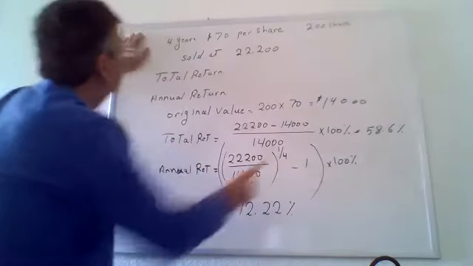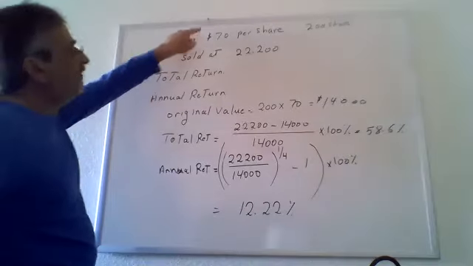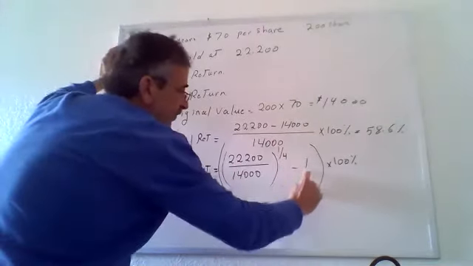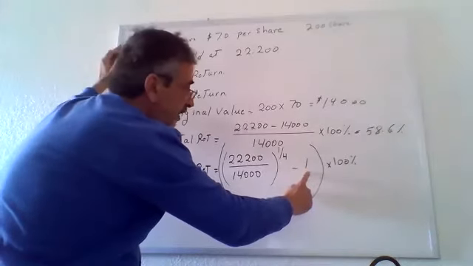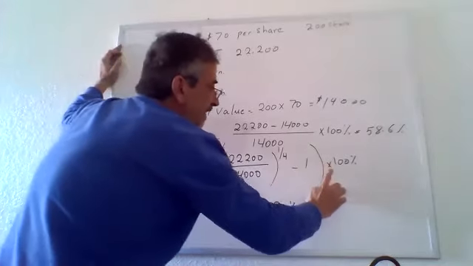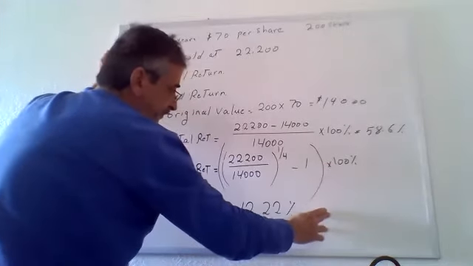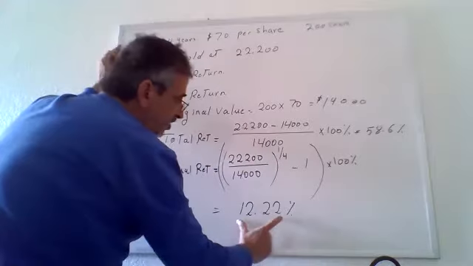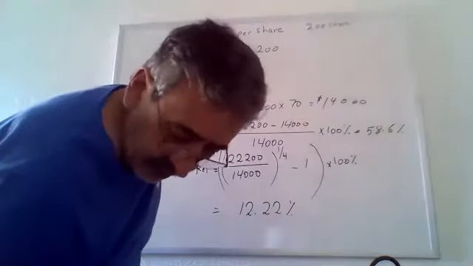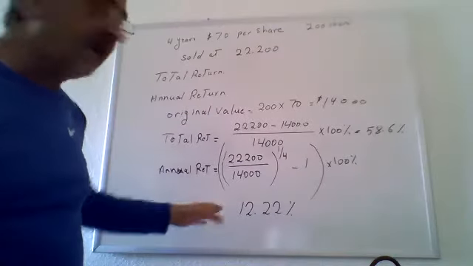After 4 years, after you get that number, you subtract 1 from it, and then you get the answer. You multiply your answer by 100, and that should give you about 12.22 or 12.216, what have you.